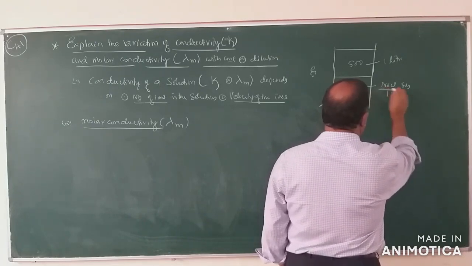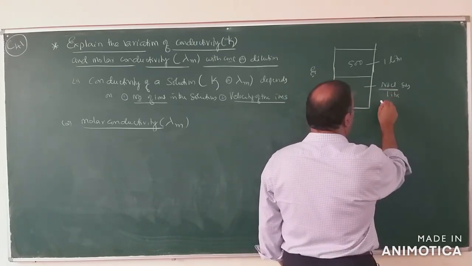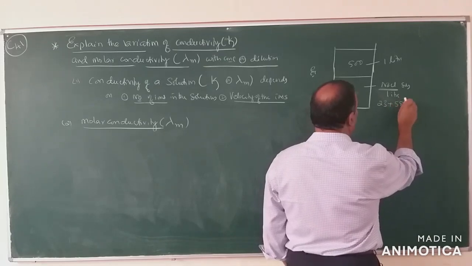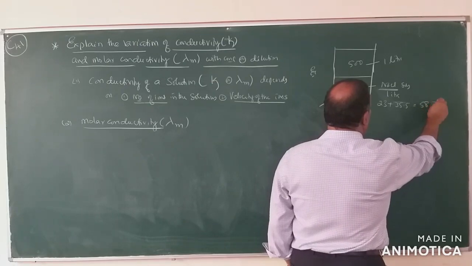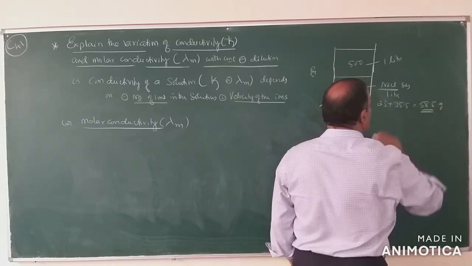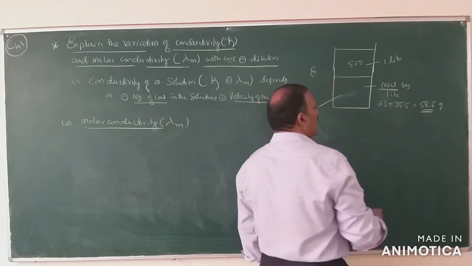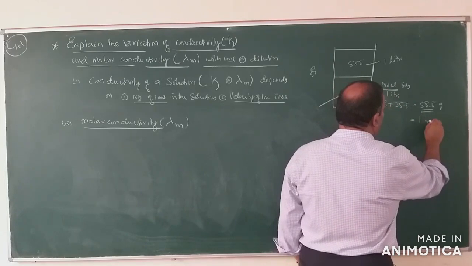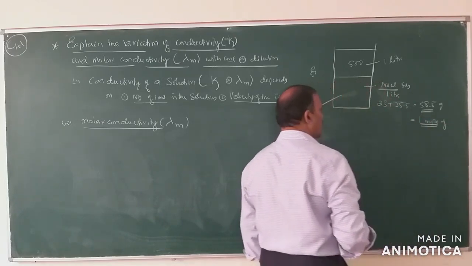Say for example, the formula of sodium chloride is NaCl, and the atomic mass of sodium is 23 plus chlorine is 35.5, totally 58.5 gram is the molecular mass of sodium chloride. 58.5 gram of sodium chloride is called 1 mole of sodium chloride.